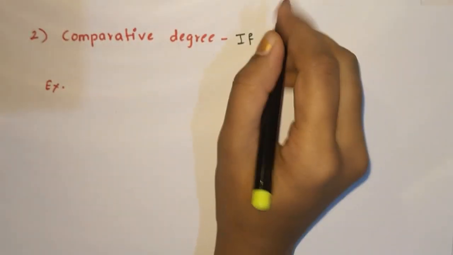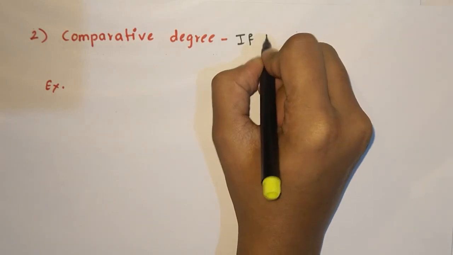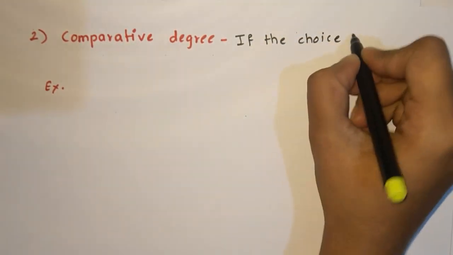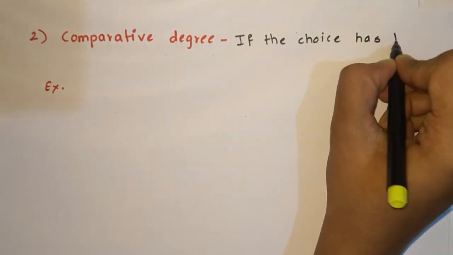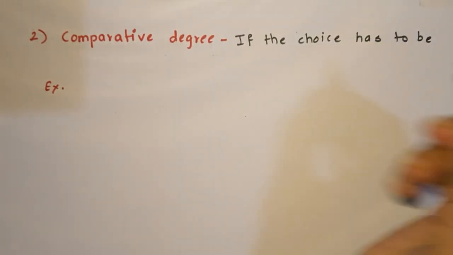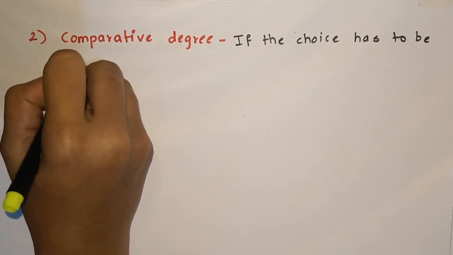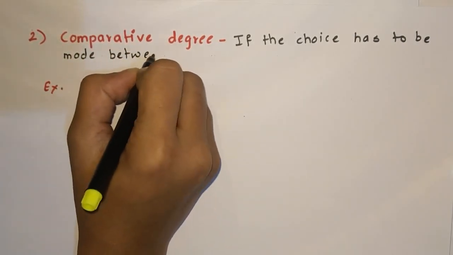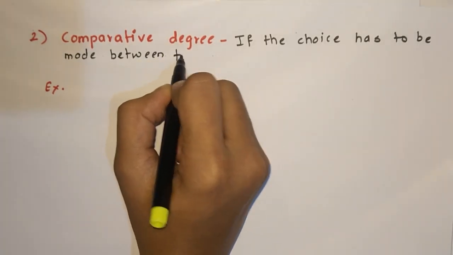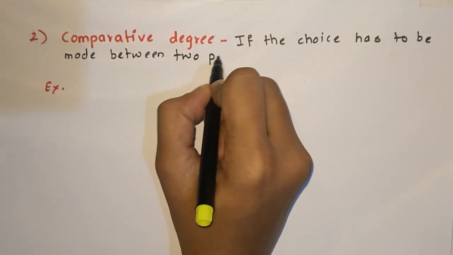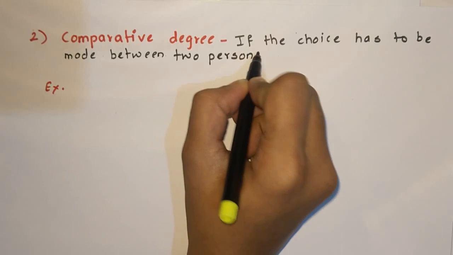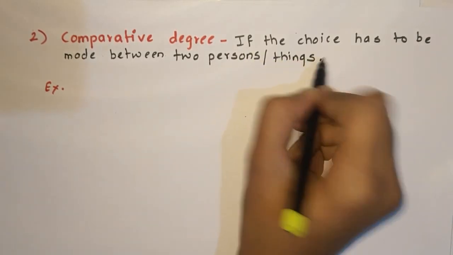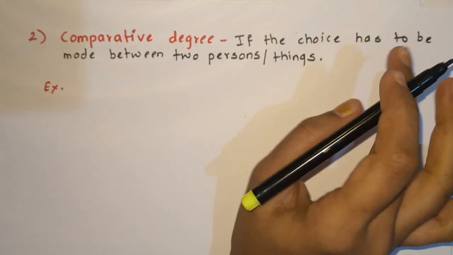If we are comparing two persons, or we can say things, then we will use comparative degree.